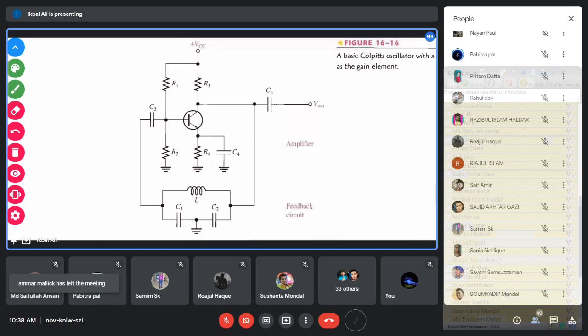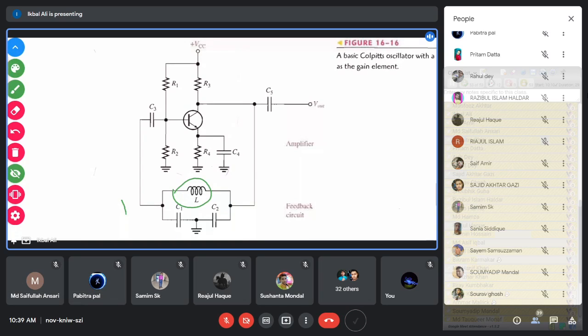The Colpitts oscillator and the crystal oscillator are almost the same, because you only have to replace this inductor by a crystal that will function as the equivalent of the inductor. The stability of the frequency will be exact: the output will produce exactly 100 megahertz if you design for 100 and your crystal is 100 megahertz. That is the only difference. So a similar circuit, not exactly the Colpitts oscillator circuit, but based on this circuit, you can construct a crystal oscillator circuit.